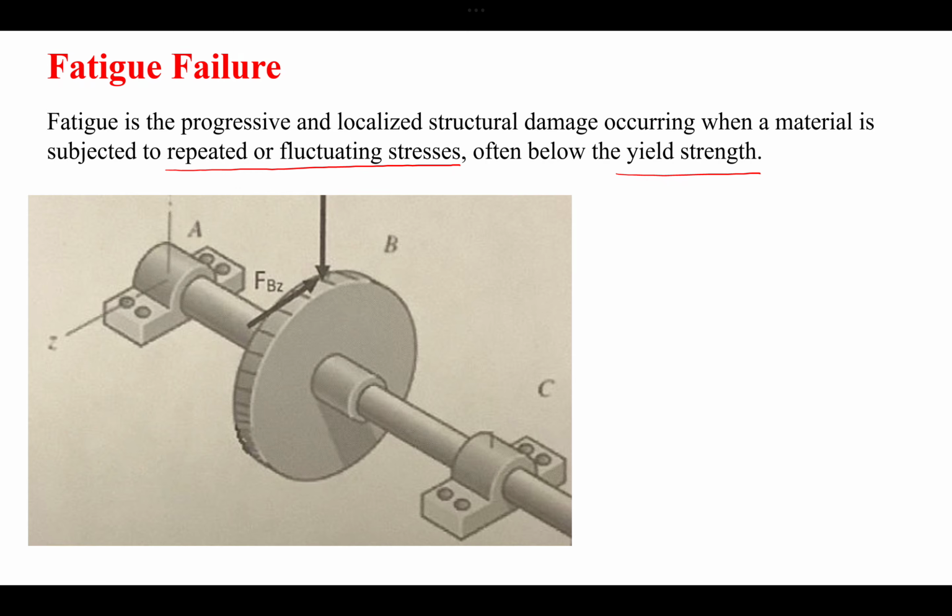For example, if you look at this shaft, so if this is rotating, let's say in this direction, and you have, let's say, the force applied F from the top. Okay, so we are applying this force. What happens is that, let's say I draw the cross section of the shaft. So at one point the force is applied here, okay, at this specific point of the shaft.